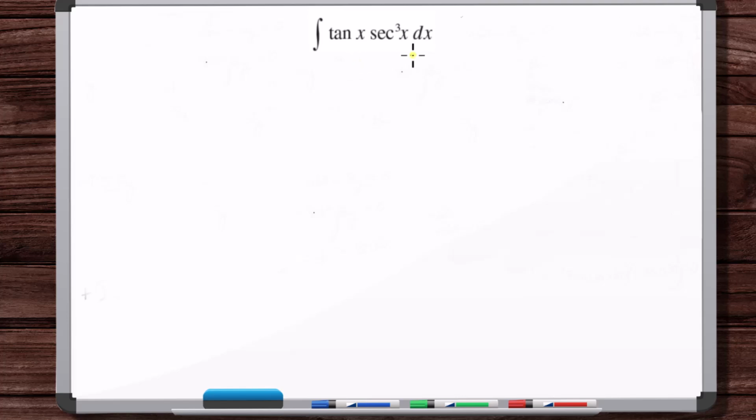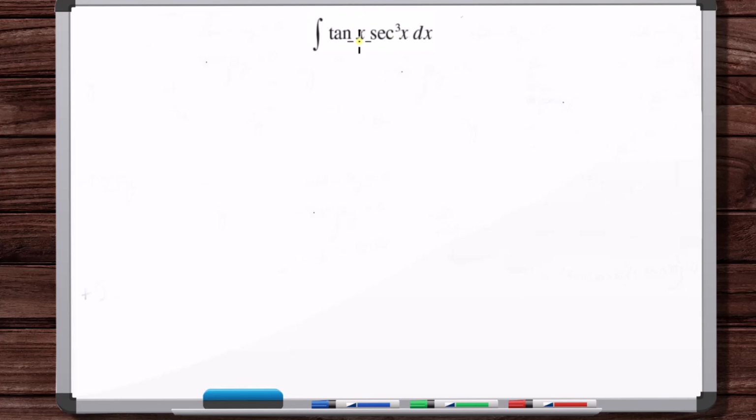But if you can't put the integral into either of those forms, then we'll have to resort to another method. If you've got some combination of tangent x and secant x, and the power on the tangent x is odd, or the power on the secant x is even, then you can use one of those two methods. Here we see that the power on the tangent x is odd.